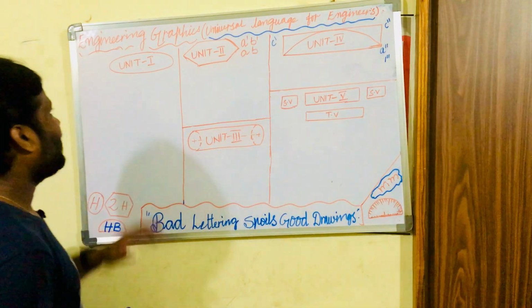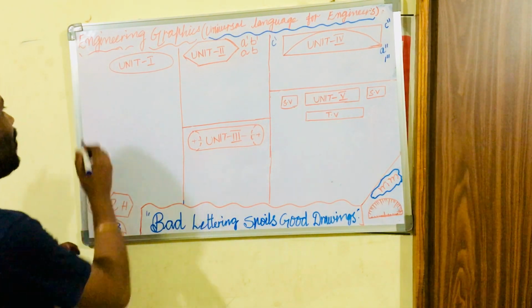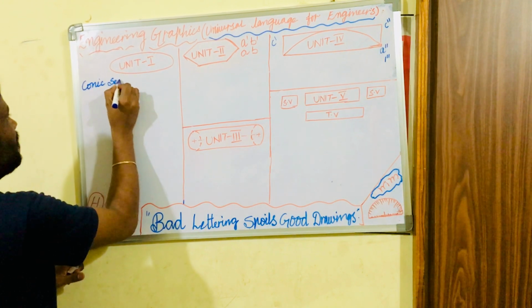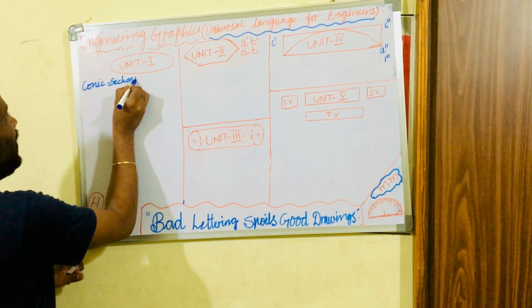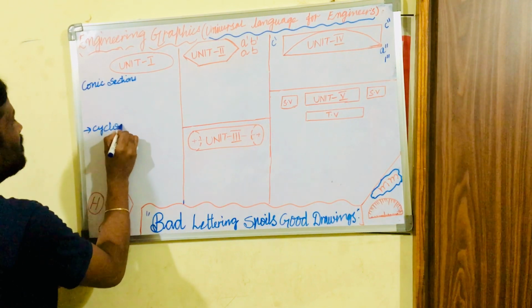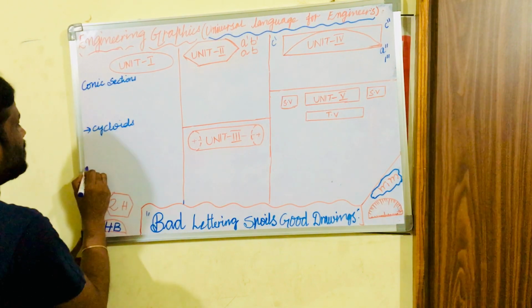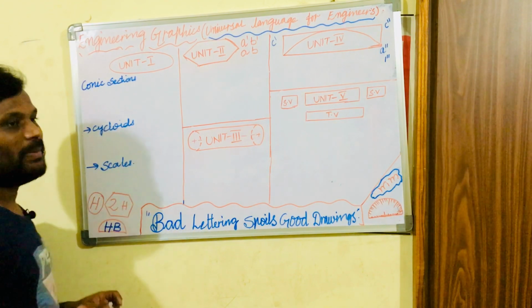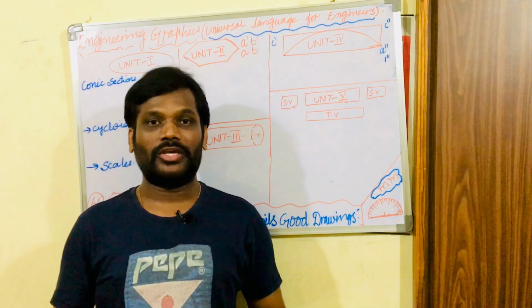As you all know, Unit 1 is all about the conic sections as well as the cycloidal curves and scales, or just the cycloids and scales. Expect to get 2 questions from Unit 1.